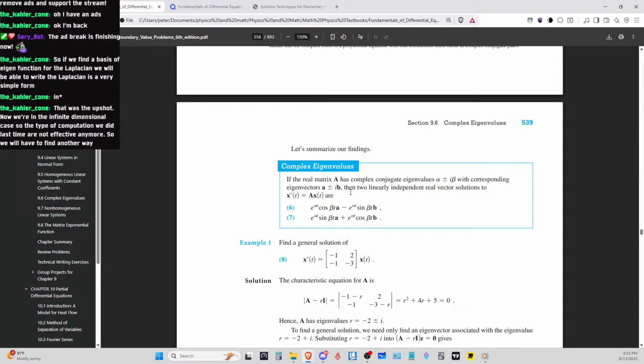That was the upshot. Now we are in an infinite dimensional case, so the type of computation we did last time are not effective anymore. So we will have to find another way.